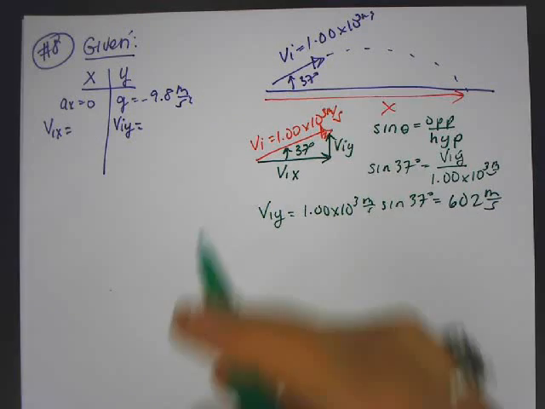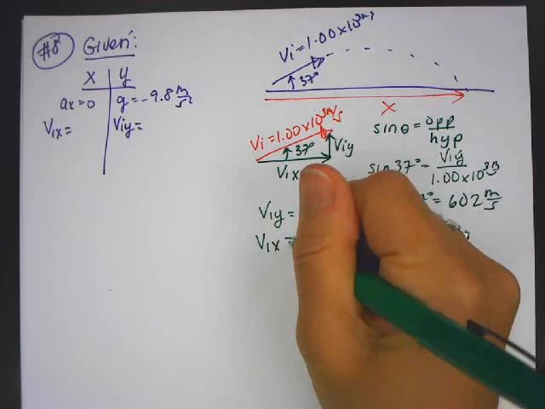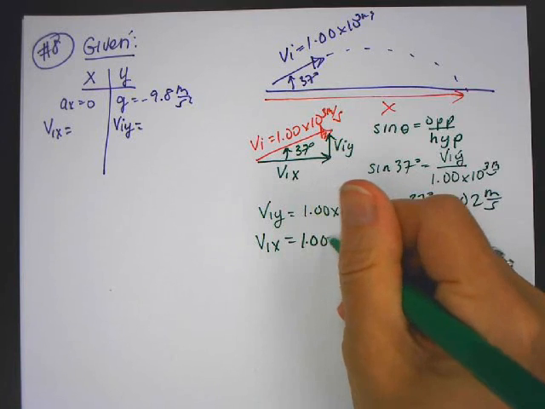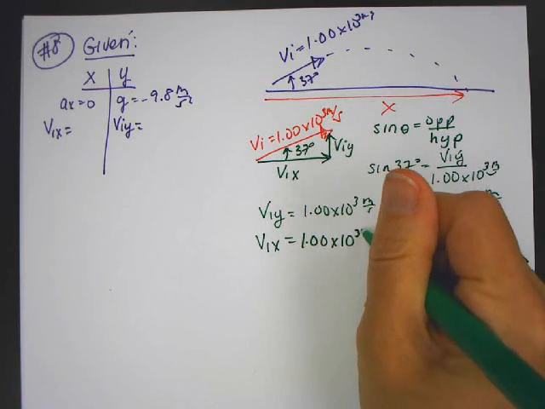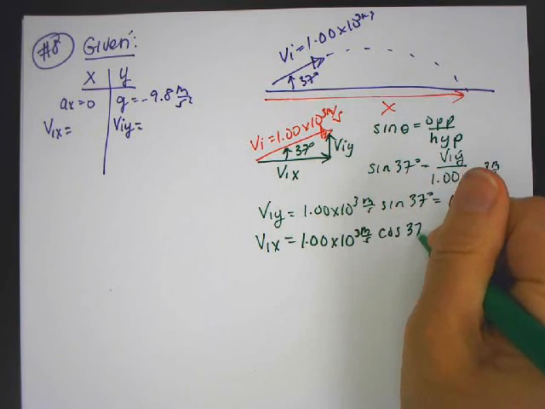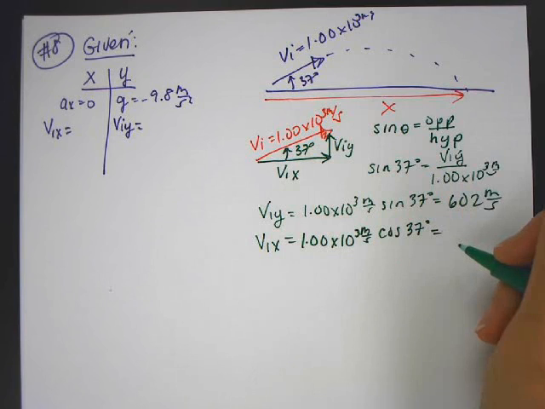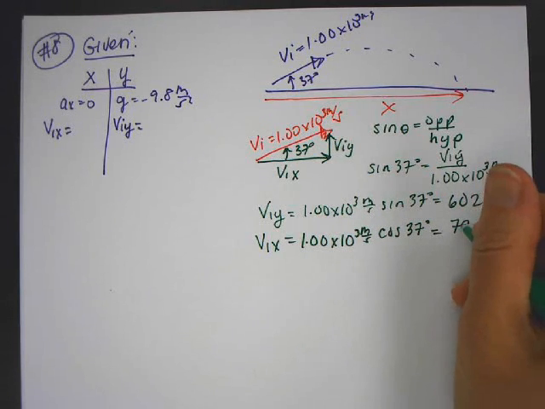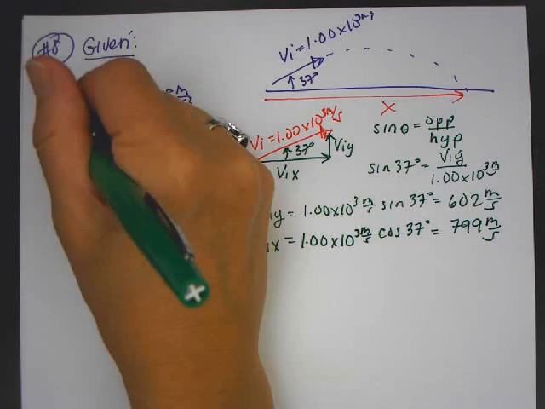Okay, then I'm going to find vix. So vix is going to be adjacent to the given angle, so it's going to be 1.00 times 10 to the 3 times the cosine of 37 degrees, and that comes out to be 799 meters per second. So now I'm going to substitute these in here.